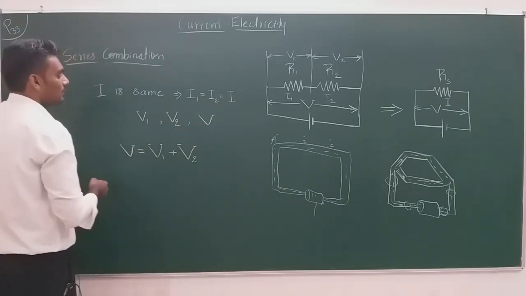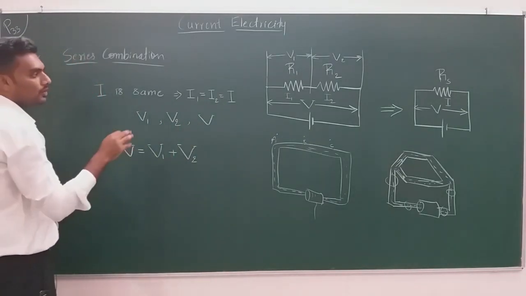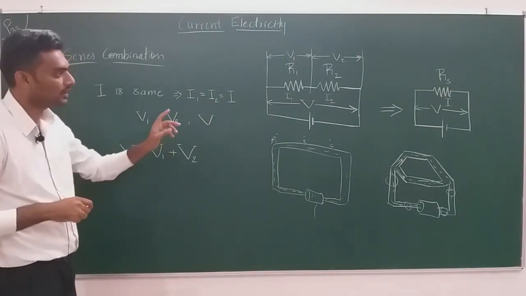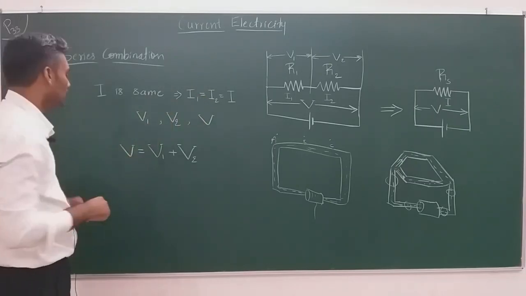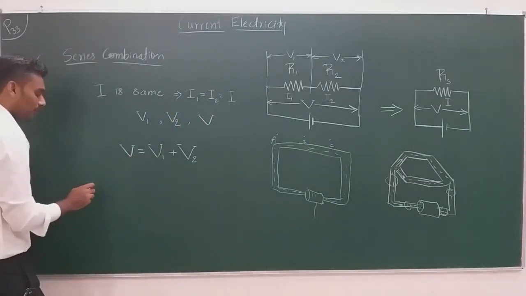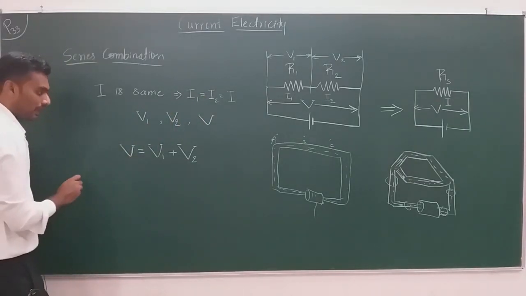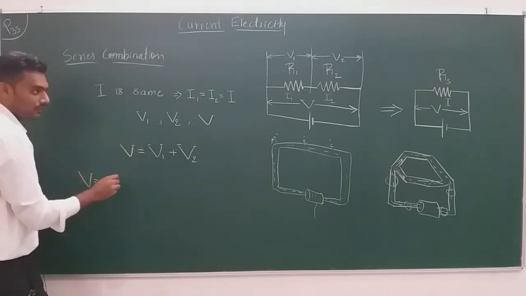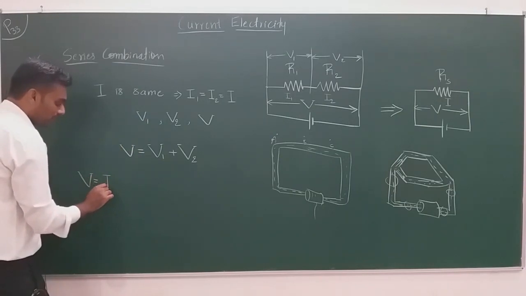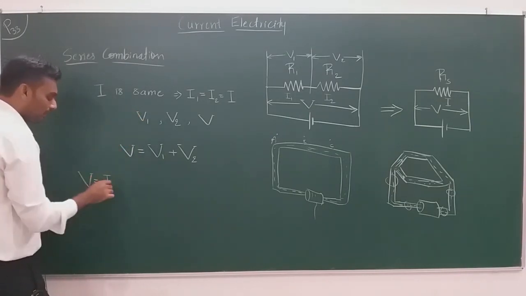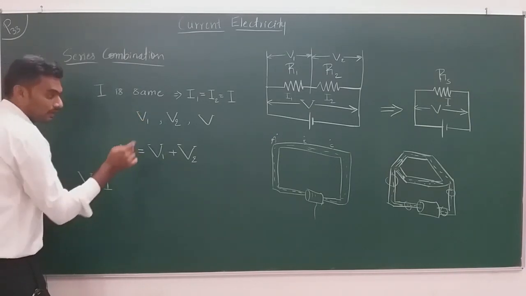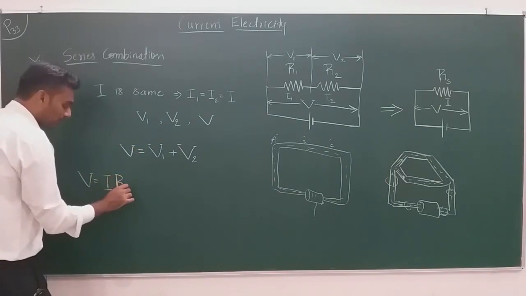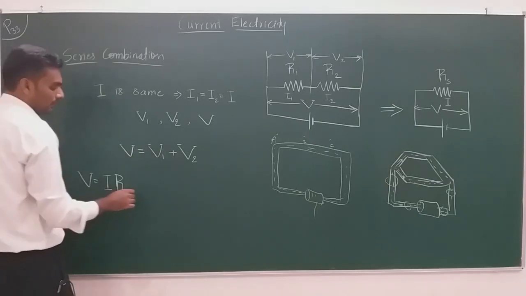So now applying Ohm's law for all the three individual resistors, for R1, R2 and RS, Ohm's law is as follows. What is Ohm's law? V is equal to IR. So the effective V becomes equal to the total current I, or the current is the same anyhow, current into the effective or the equivalent resistance RS.